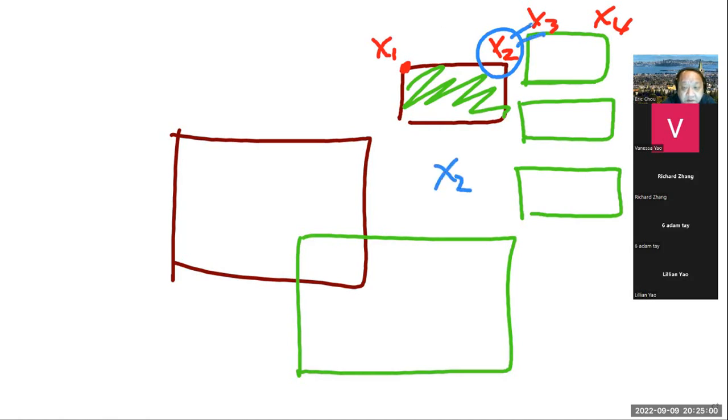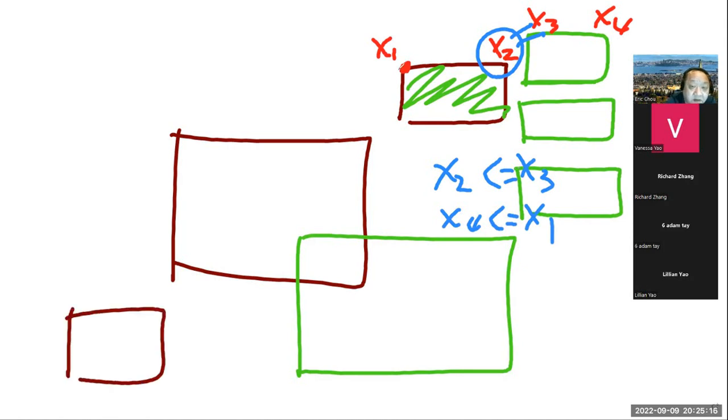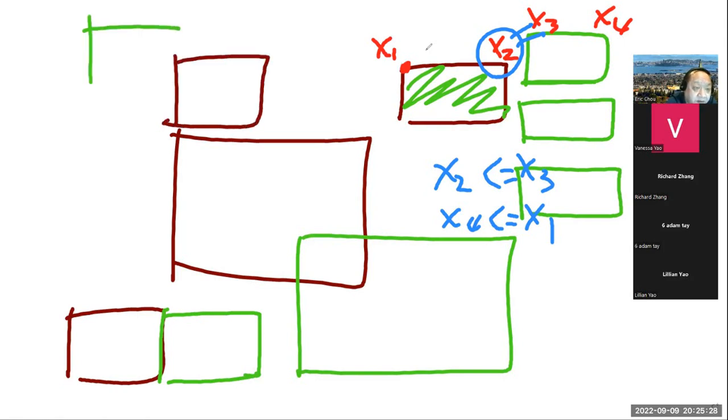So S2 less than or equal to S3, or S4 less than or equal to S1. That means these versus these are disjoint, or these and these are disjoint.